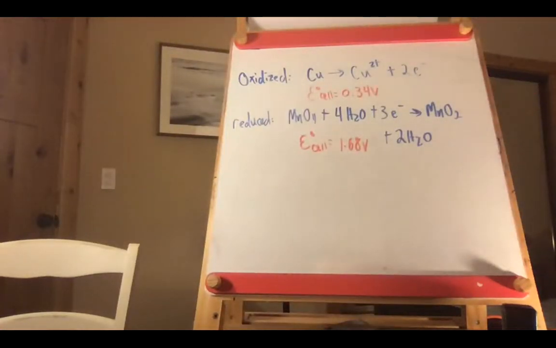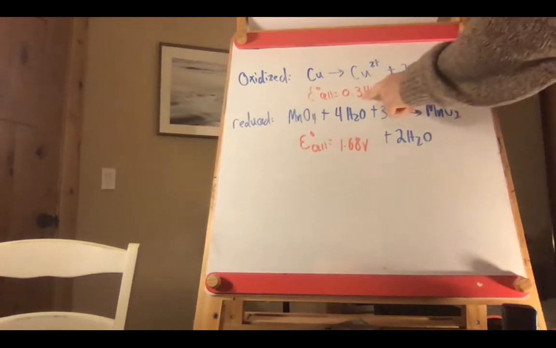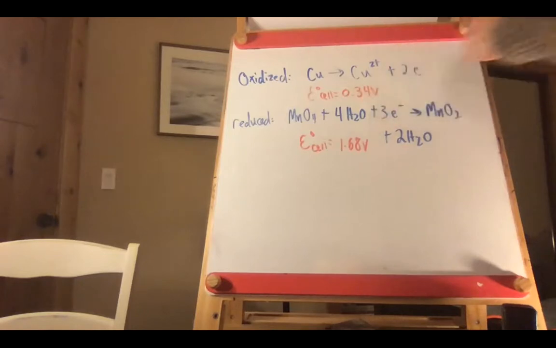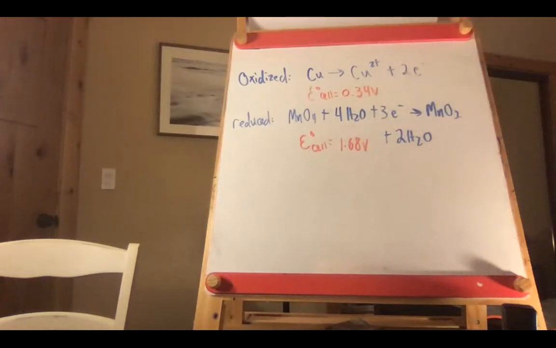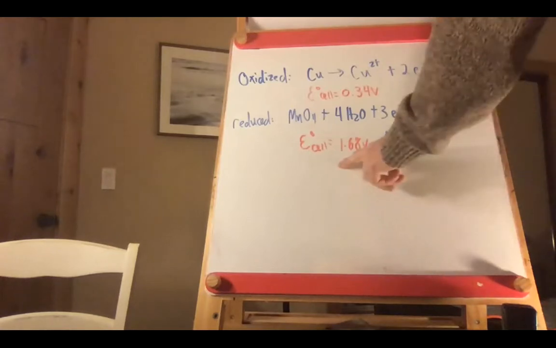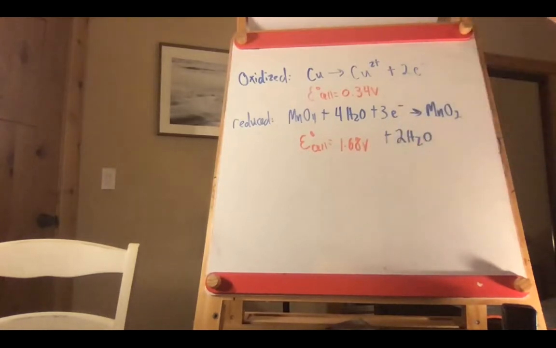Okay, so I've written down the oxidized half reaction that involves the copper. And I've looked up the standard cell potential for that, which is 0.34 volts. And then I've assigned this second reaction as being the reduced reaction. And I've looked up its standard cell potential, 1.68 volts.